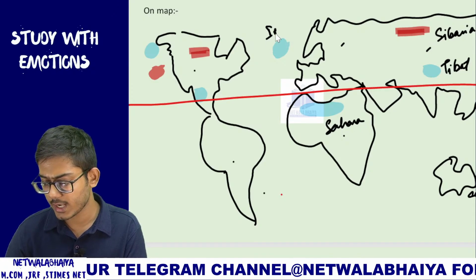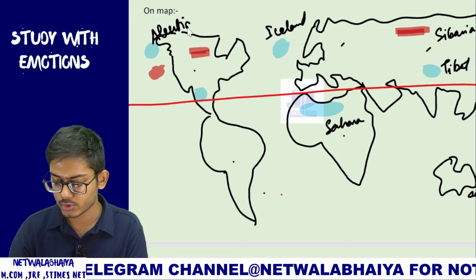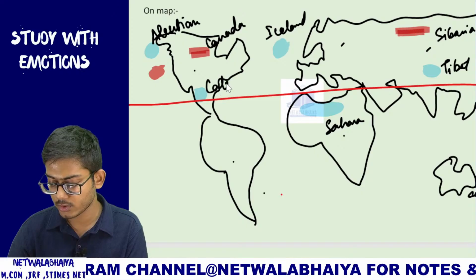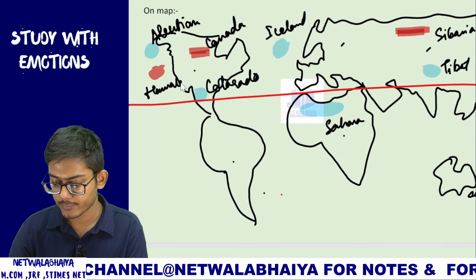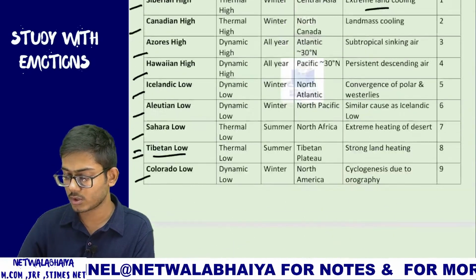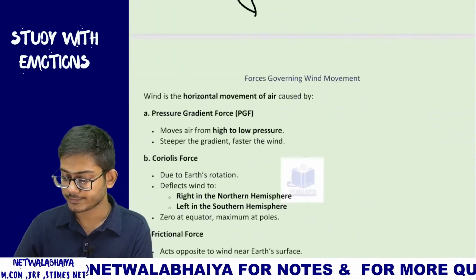Then this is your Iceland, this is Aleutian, this is Canada, this is Colorado, and we have Hawaii, okay. So these things you need to understand and remember, and make sure you have a proper idea about this whole table, okay, fine.